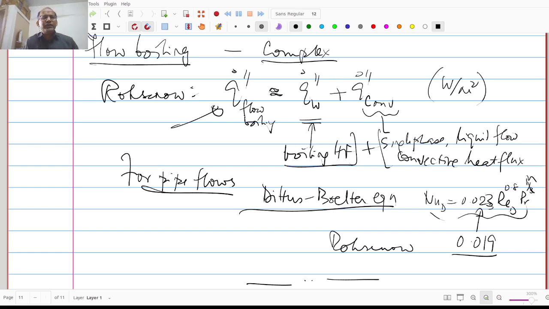And we found that internal flows could also be treated by and large with the same exposure that we had to external flows.